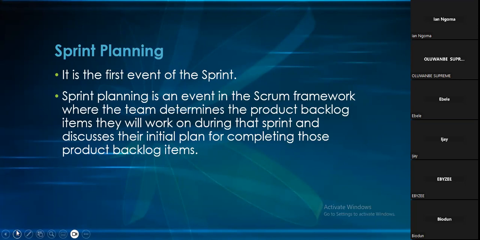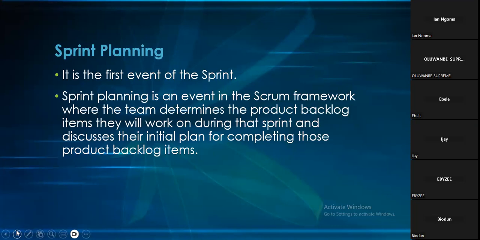So I'm going to explain this to you in layman's terms so you will get it. I mentioned product backlog, sprint backlog, and increment. If you need to note this down, please note it down. Now, the product backlog is like a list of all the features that we want to do, everything we want to do.